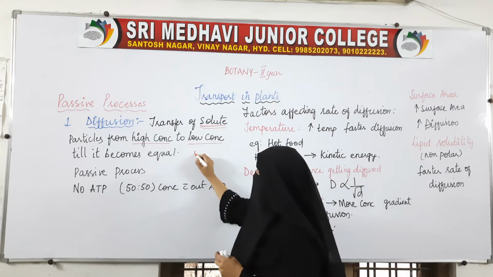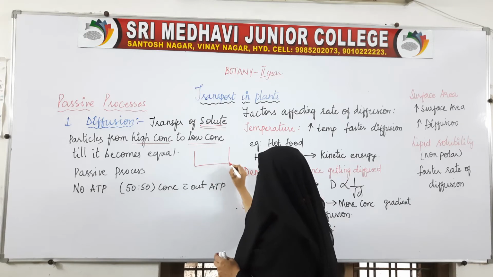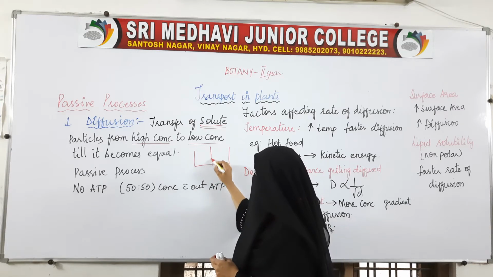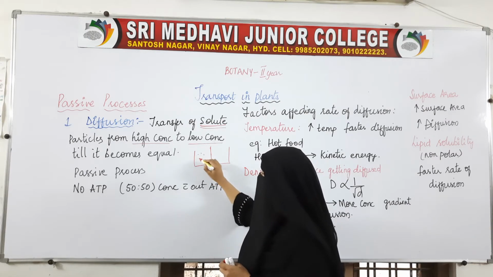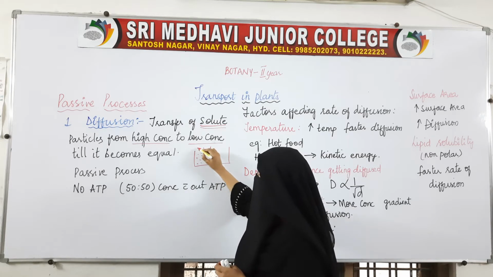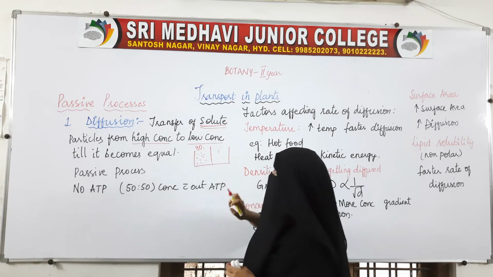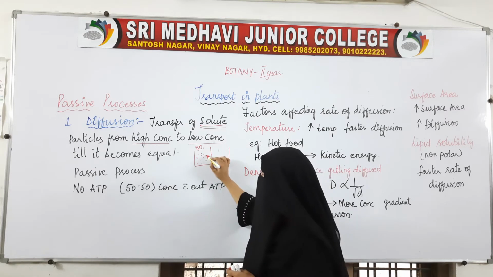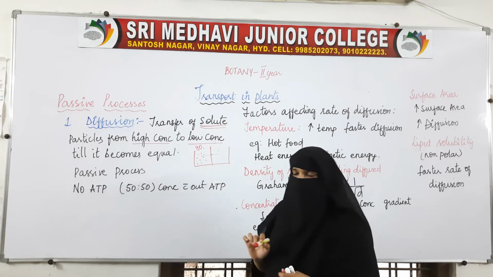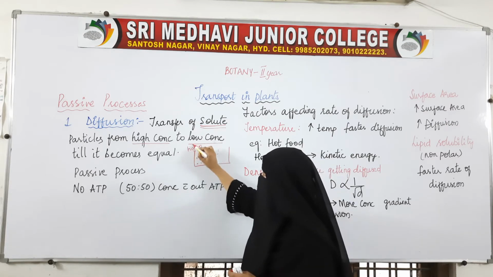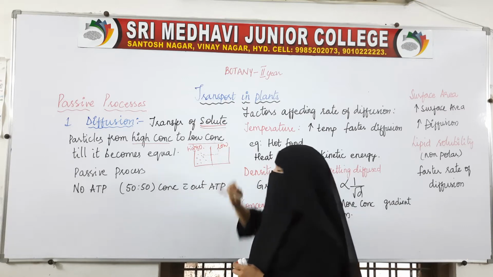For example, you just take a beaker. Here 80 molecules are there. Here only 10, or here no molecules are there. So transfer will be taking place from here till here. This is high concentration and this is low concentration.